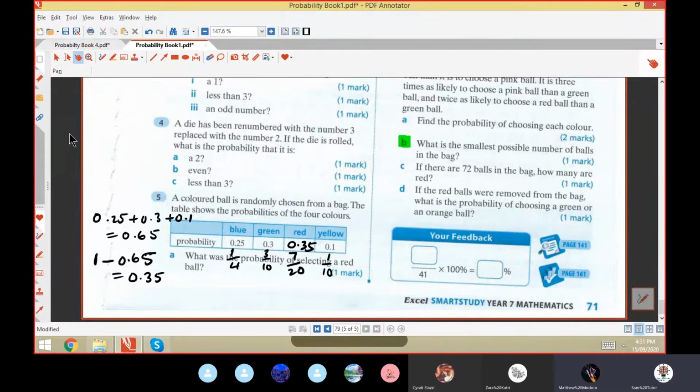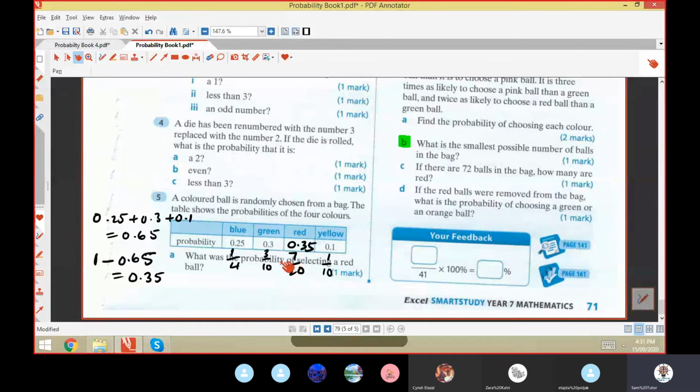Just wait, let me know if it comes up. Did it come up? No. You guys, it's working? Must be your internet, Matt. Maybe you want to leave and come back on again.